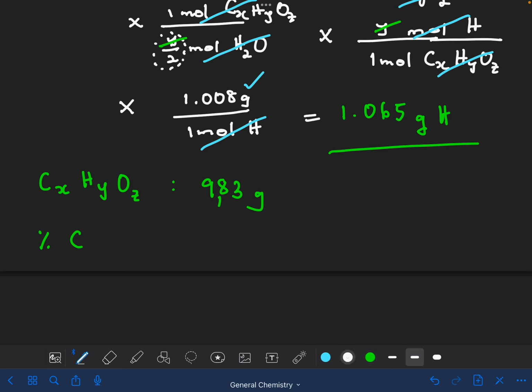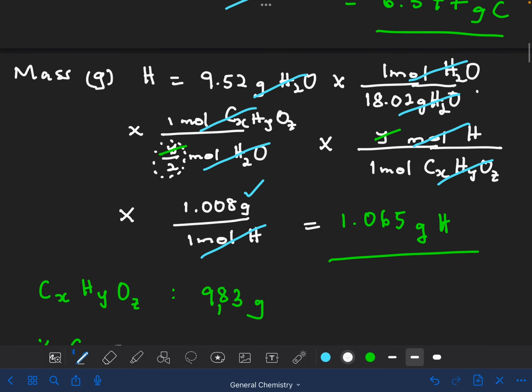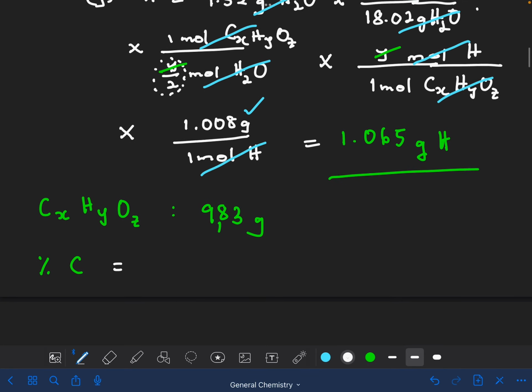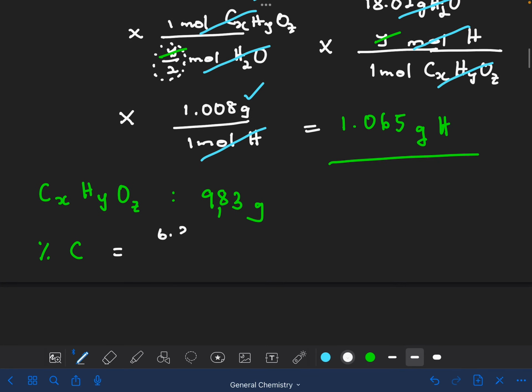Okay, let me continue using white. Okay, so for carbon, we got 0.8347 grams of carbon. So we're going to divide here with 9.83 grams of this sample, right?